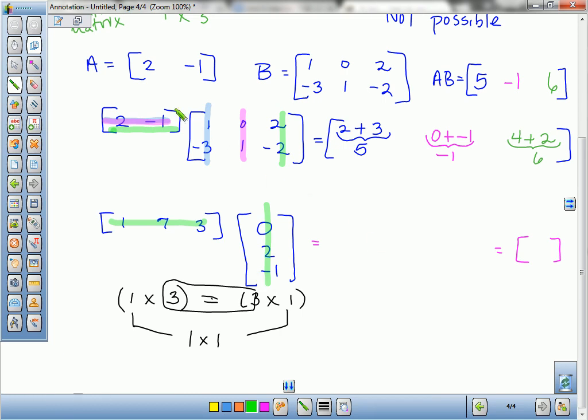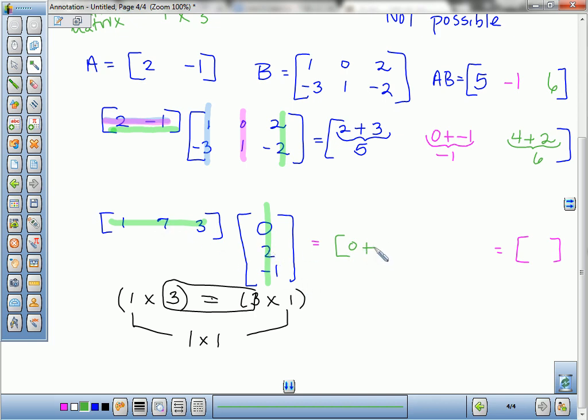We've got one row with one column. So 1 times 0 is 0. 7 times 2 is 14. 3 times -1 is -3. It's the sum of the products. So what does that equal? 11.